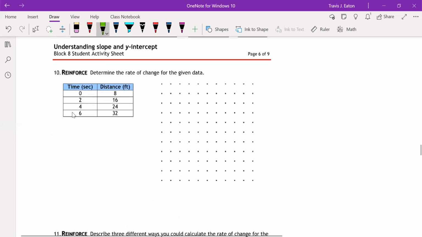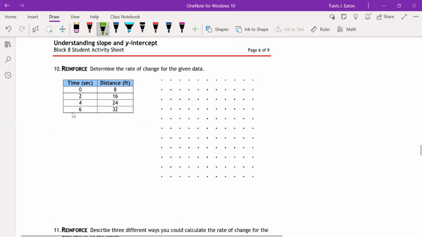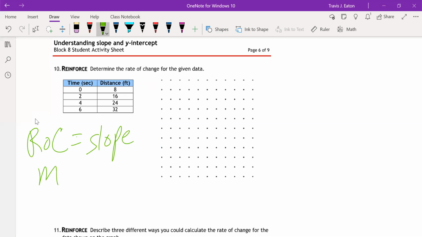Okay, so now that brings us to question number 10, where we need to determine the rate of change for the given data. Now remember, the rate of change is the same thing as the slope of a line. And remember, we always represent the slope of the line as m, but that's neither here nor there at this point.